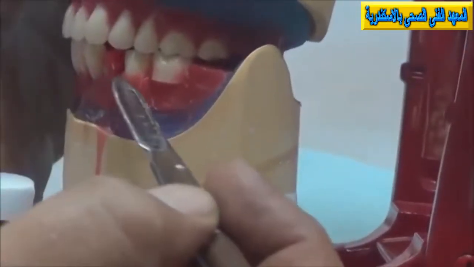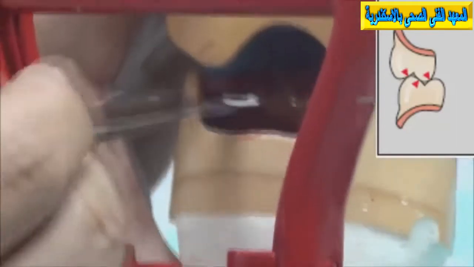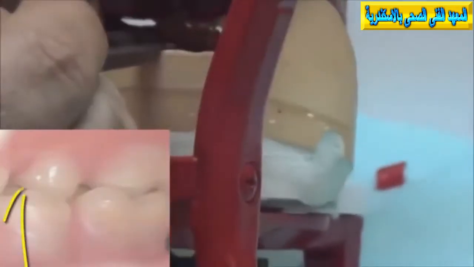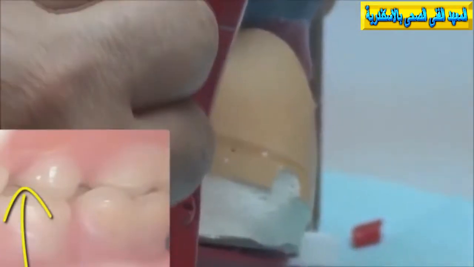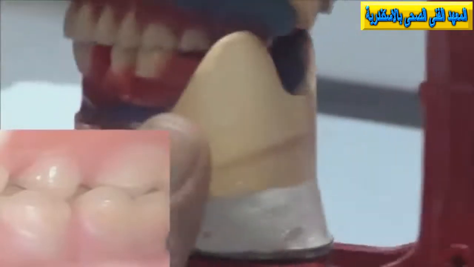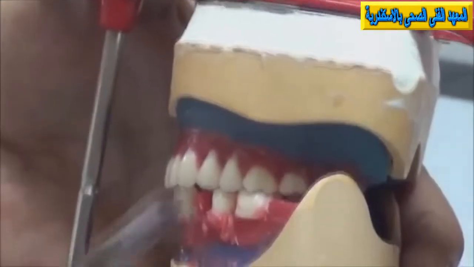We're trying to orient it, raise it to increase the interdigitation with the upper, tilt it from the buccal, and now we're going to tilt it from the lingual, the same as we did with tooth number 6. We're trying to raise the cusp of the lower 5 from the inside to embrace the upper cusp. So the interdigitation of both cusps is now best, and the orientation of the root is correct.